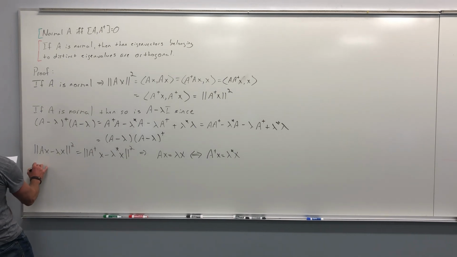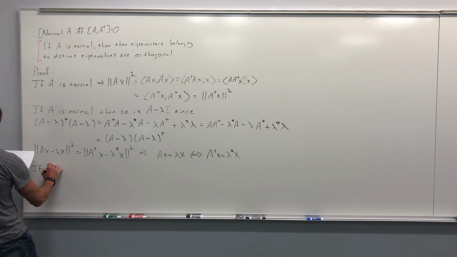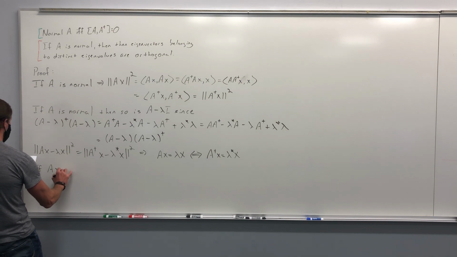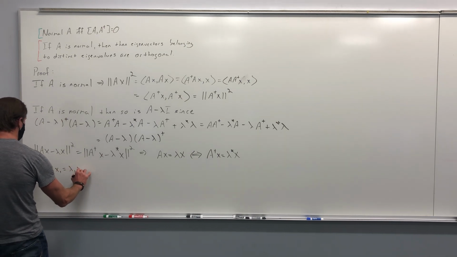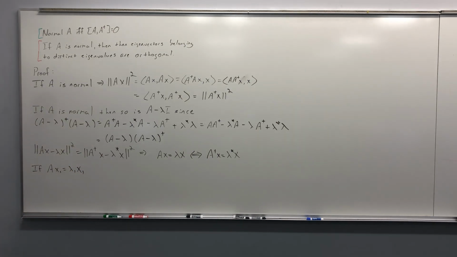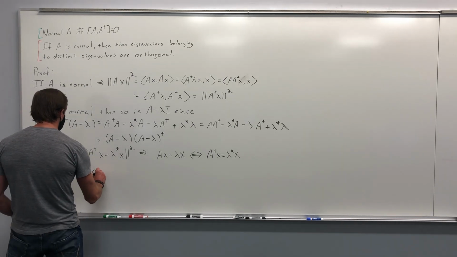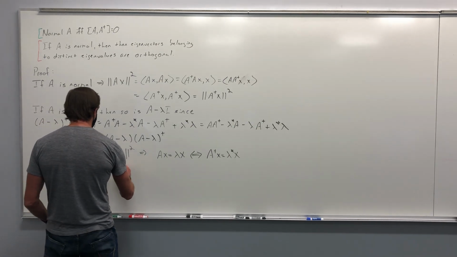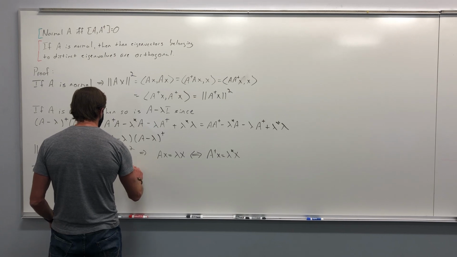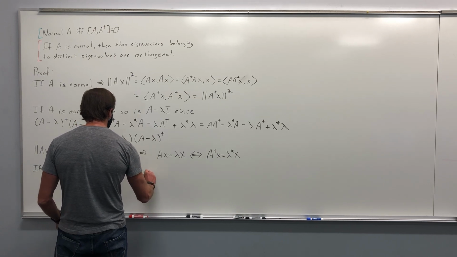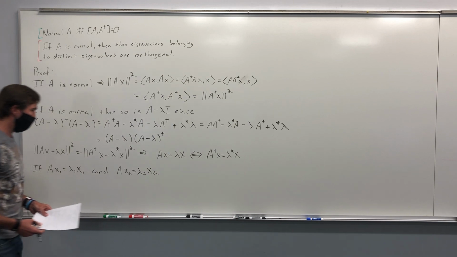Now, if Ax1 is λ1x1, so now I've got a particular eigenvalue lambda 1 and the associated eigenvector x1, and then we'll consider a second eigenvalue with its associated eigenvector x2.